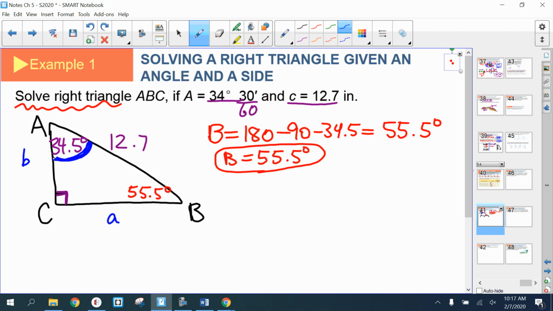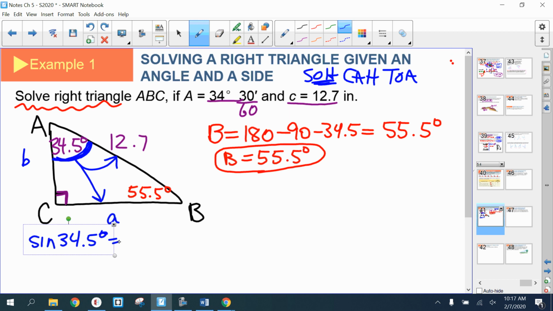Okay, so let's think about this. We can do SOHCAHTOA. If you look at the angle 34.5, I'm looking at opposite and hypotenuse. Okay, I can find side A using sine. So I would say something like sine 34.5 degrees equals opposite over hypotenuse.